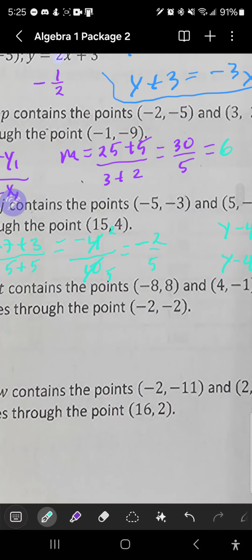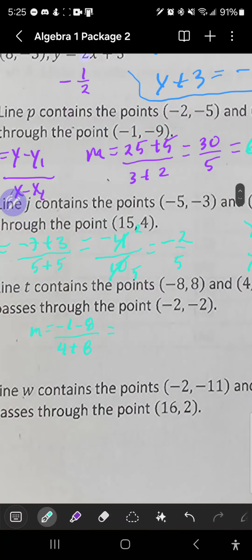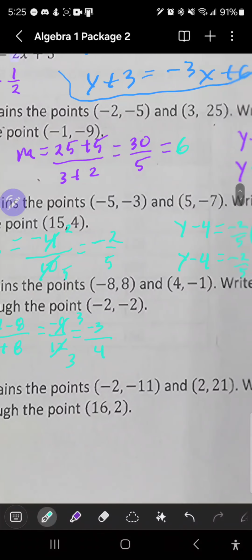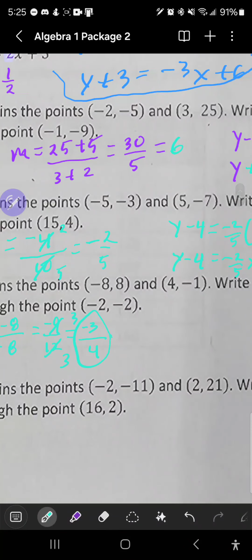It's going to be m equals negative 1 minus a negative over 4 minus a negative, so plus 8. We add the numbers and keep the sign, so negative 1 minus 8 is negative 9. 4 plus 8 is 12. We divide both sides by 3, and 9 divided by 3 is 3, so negative 3, and 12 divided by 3 is 4, so over 4. That's our original slope.